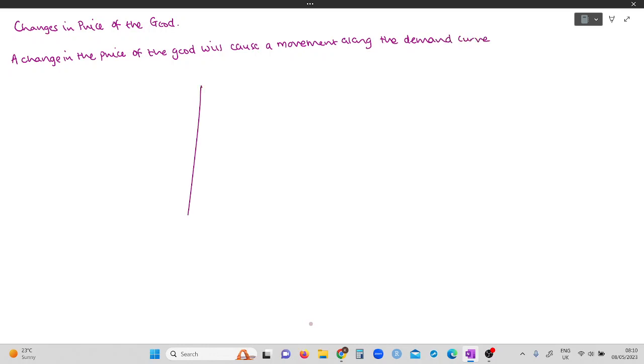So for example, this is my demand curve, this is my XY plane. Always label your graph whenever you are doing it. Quantity demanded, and then you have the price. Here you have your demand curve, your initial demand curve.